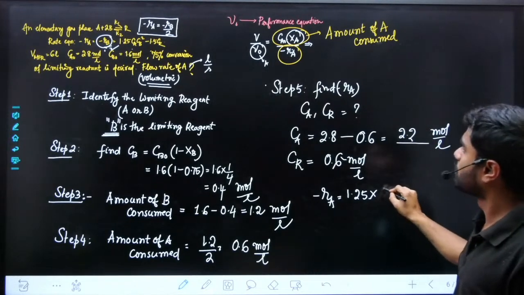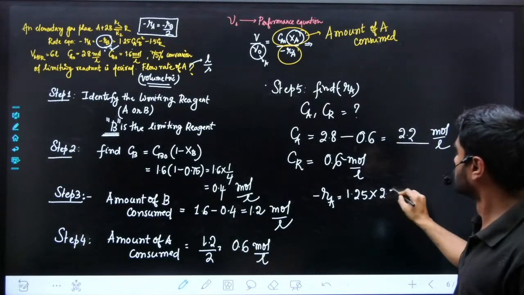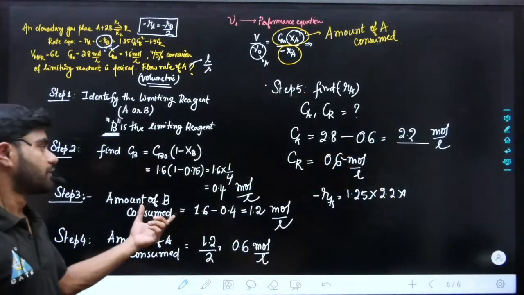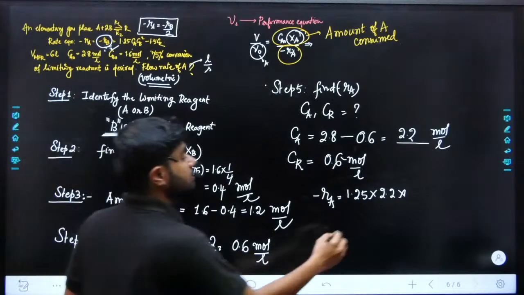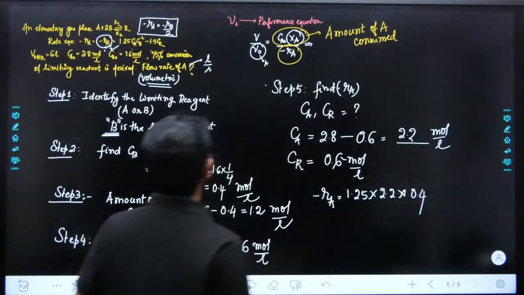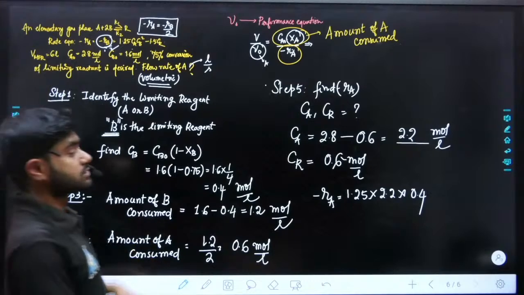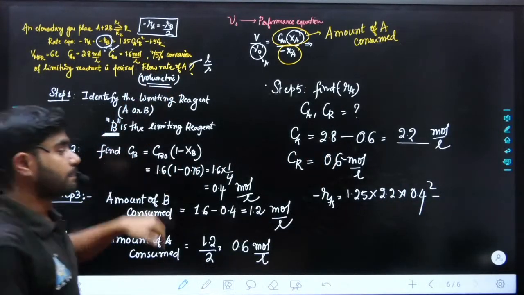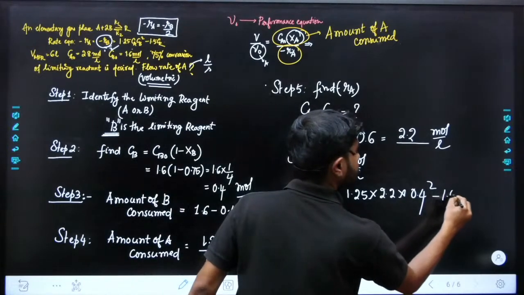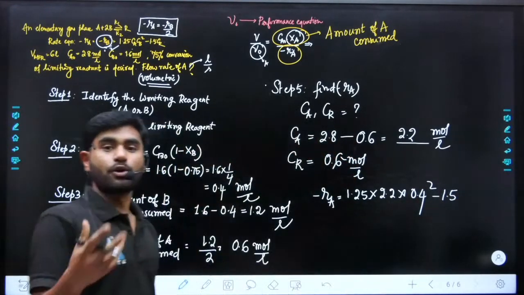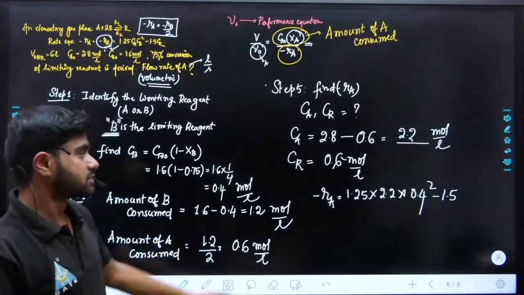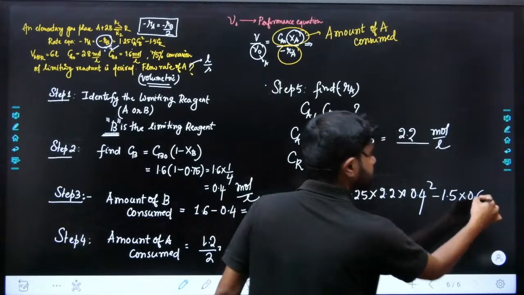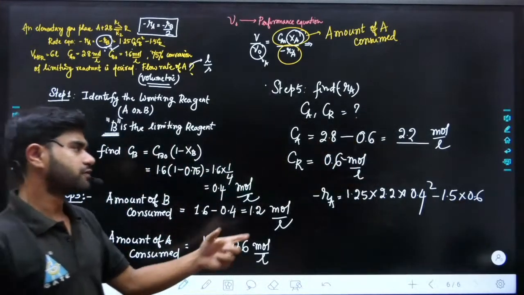And the value of Cb, which has already been calculated in this step, is 0.4, and it is squared, minus 1.5 Cr. Cr is the amount of R formed during the reaction, which is 0.6. Now let me know the value of minus of Ra, please.